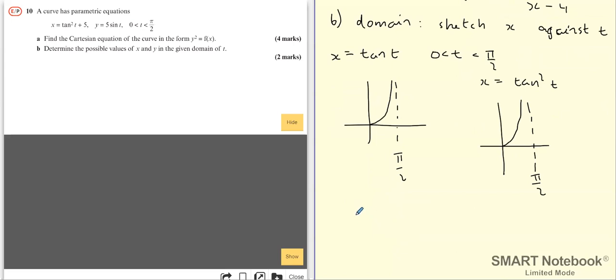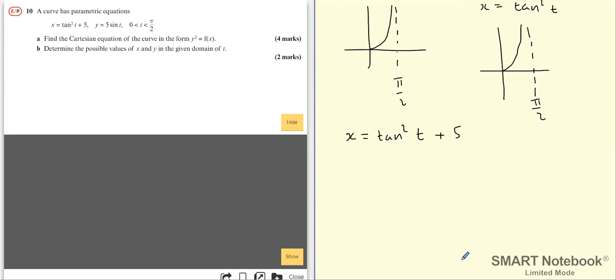Now the next thing that I want to do is say x equals tan squared t plus 5. So you can see how I'm building this up. If I add 5 to it, will it start at the origin though, is the question. It's now going to start at just over 5, and this is pi over 2.